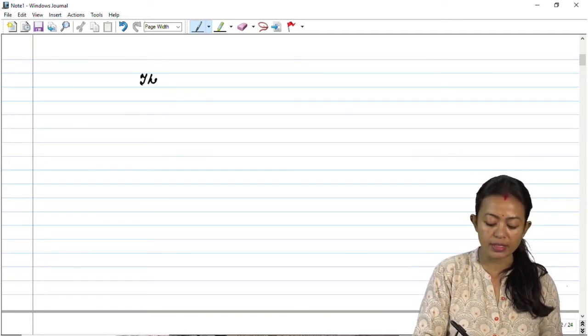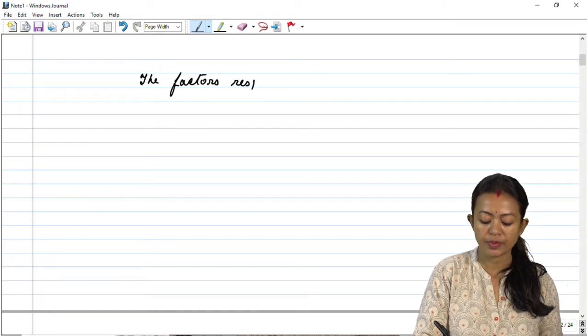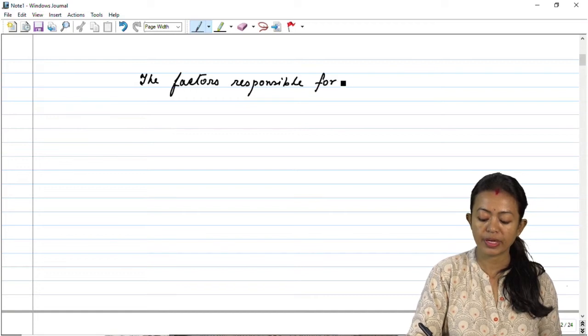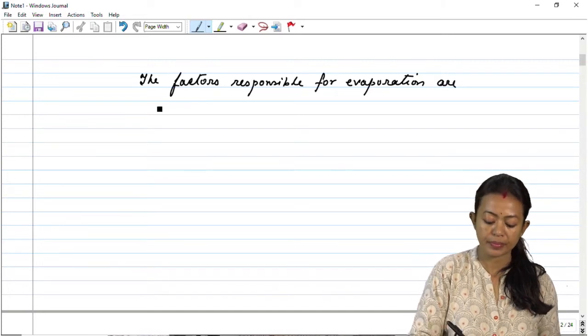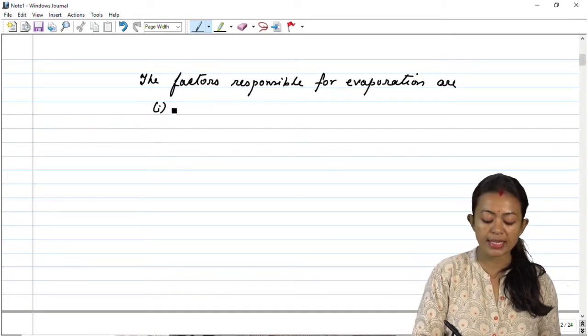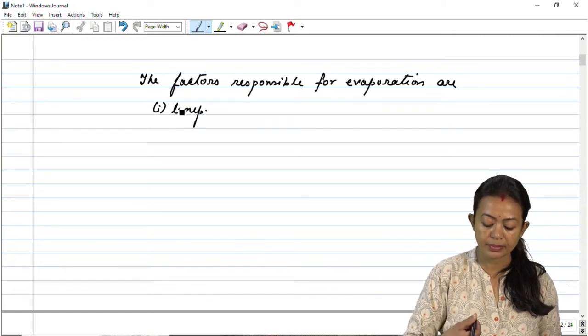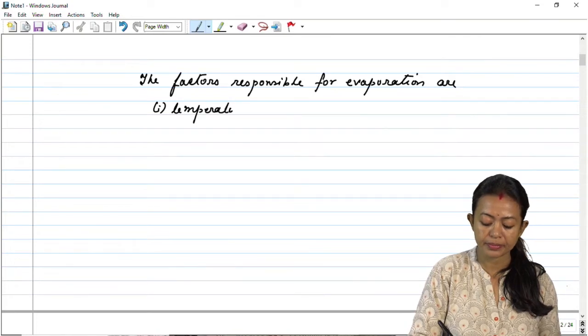So the factors responsible for evaporation are: number 1 is temperature.